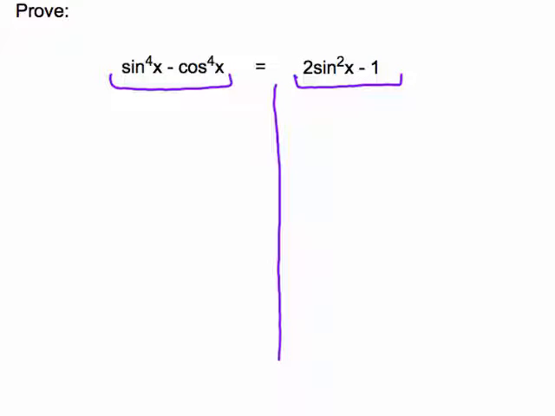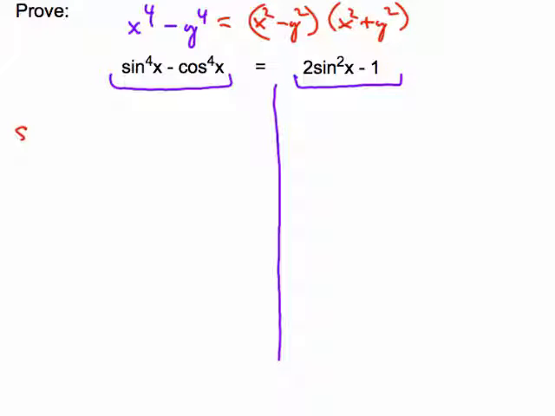On the left, this is reminding me of something like having x to the fourth minus y to the fourth, which could factor as x squared minus y squared, x squared plus y squared. So in this case, I'm going to factor this expression. You'll notice how various algebraic processes get applied to trig when you're proving identities.